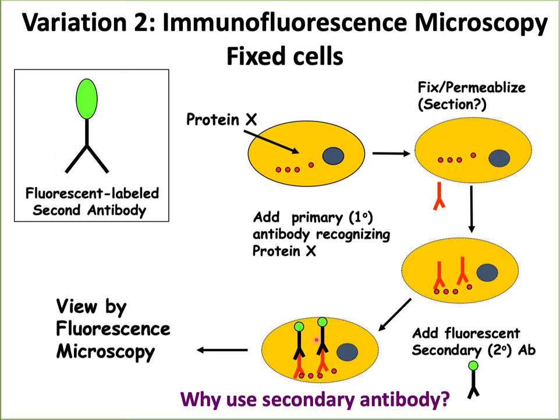If the primary antibody was raised in a goat, you will need an anti-goat secondary antibody, and so on. It has to be specific to the animal in which the primary was raised. So that is how you use the secondary antibody for immunofluorescence.